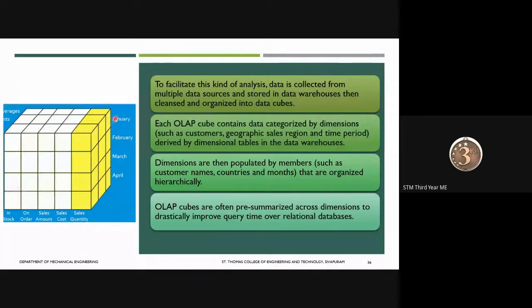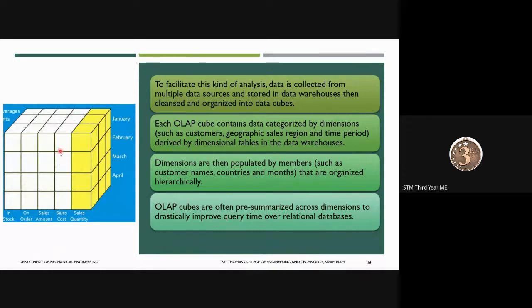And look at how the data is stored. Under the month of January, the in-stock data are under this column. On-order stocks are under this column; under January, February, March, April, all the on-order figures are under this column. Then the sales amount is in this column: how many products have been sold is shown here.